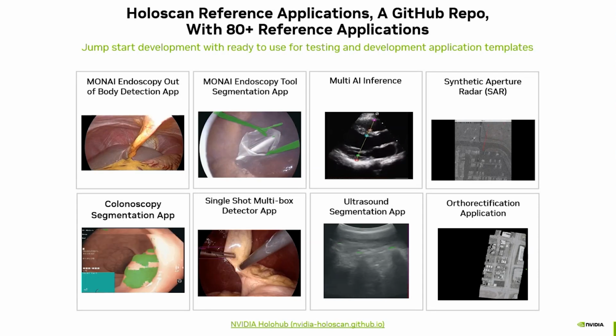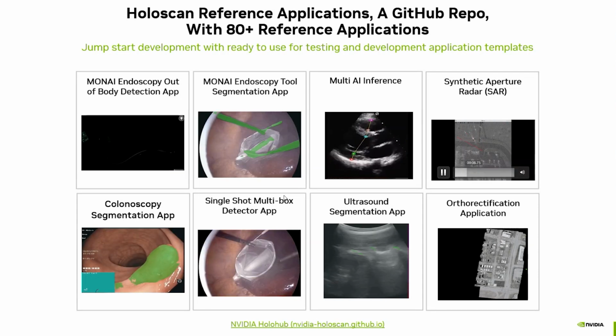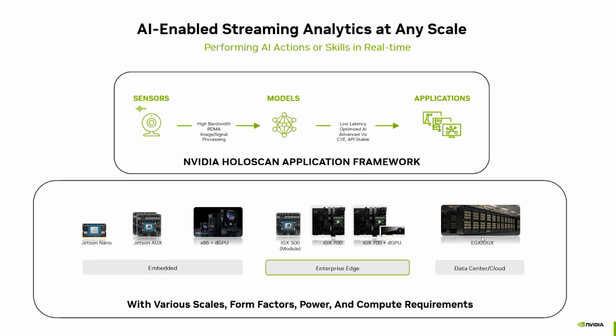With all of that, one more time, I'm going to go through the hardware that can support Holoscan. On the top, you see sensors, models, and applications that use Holoscan software. It is hardware agnostic, whether you're using our embedded modules in Jetson, building on your laptop on an x86 machine, or using our IGX, which is highly performant enterprise edge, all the way to data center and cloud.